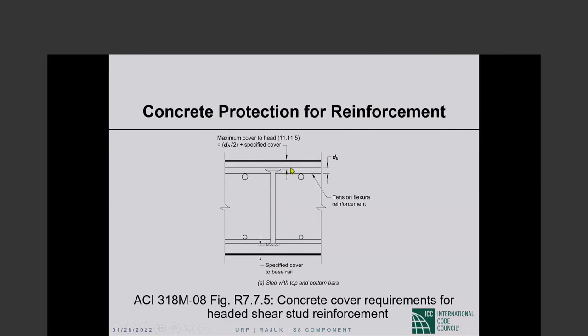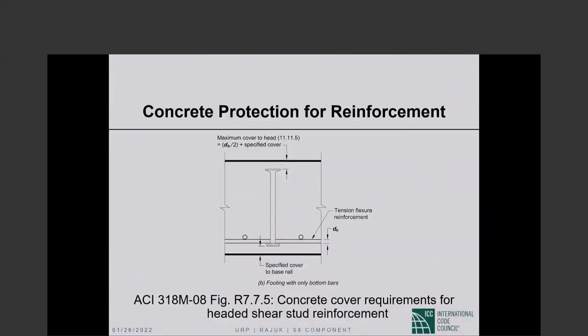From the top of the head to the end of the concrete shall be minimum cover, shall be the specified cover for slab reinforcement plus 1/2 of the diameter of this bar. Okay, so the cover over the head of the stud shall be the specified cover for slab reinforcement, 20 millimeters typically, plus 1/2 the diameter of that bar.